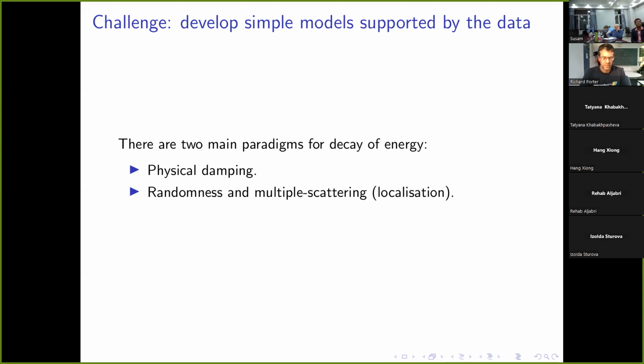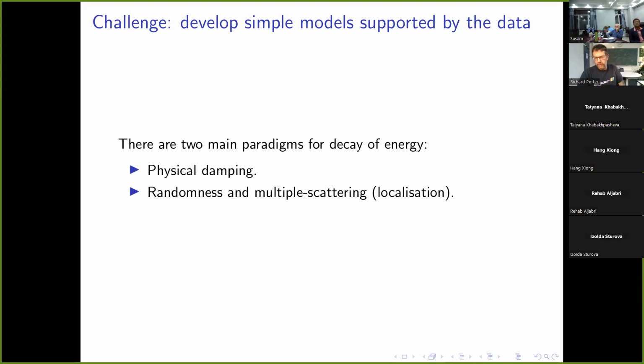Okay, and as I said, there are two different ways of thinking about this. It might be that you've got some physical viscous damping, either in the fluid or within the ice itself, or it might be because you believe that localization, that is randomness and multiple scattering, causes attenuation.